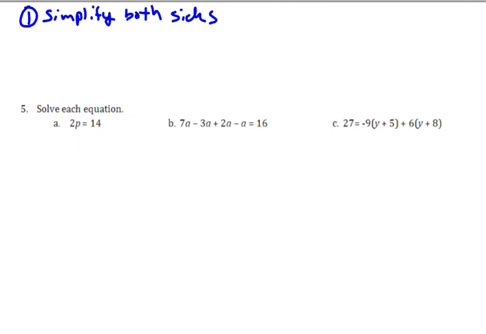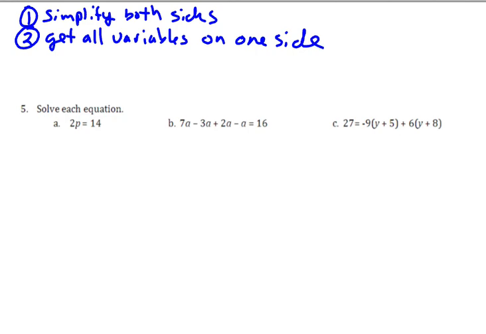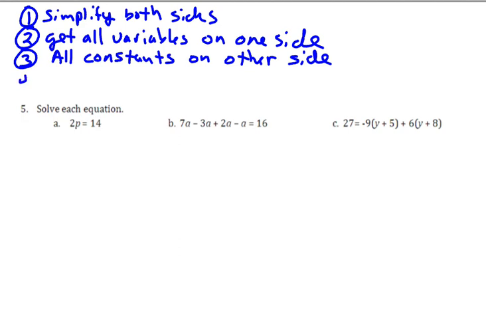There's several ways to solve equations, but if you can simplify both sides first, get all variables on one side, and all constants, that's your numbers, on the other side.